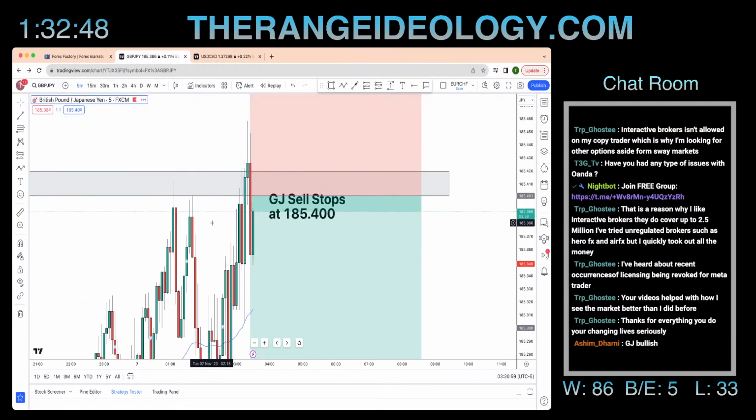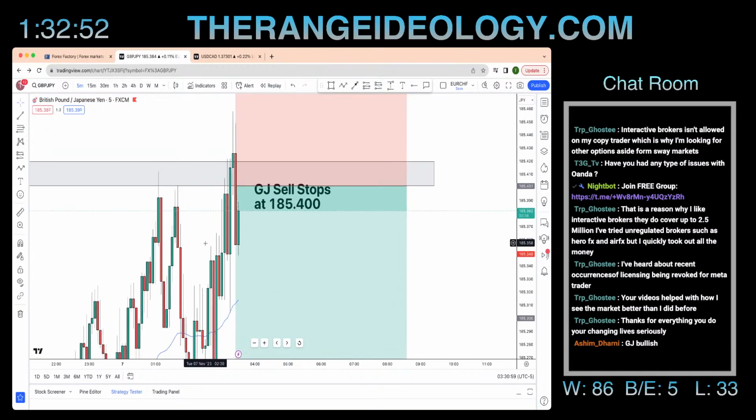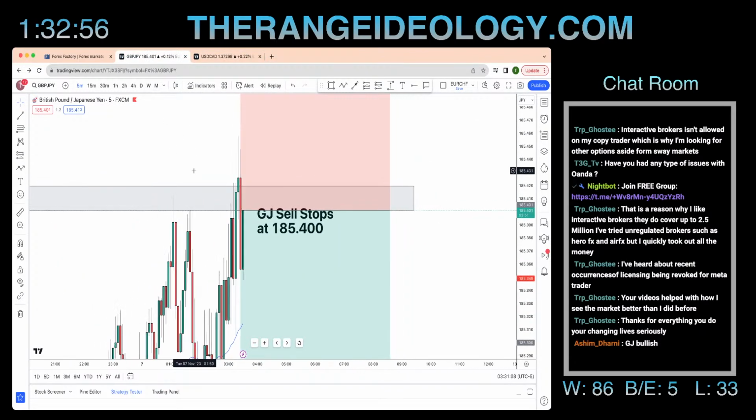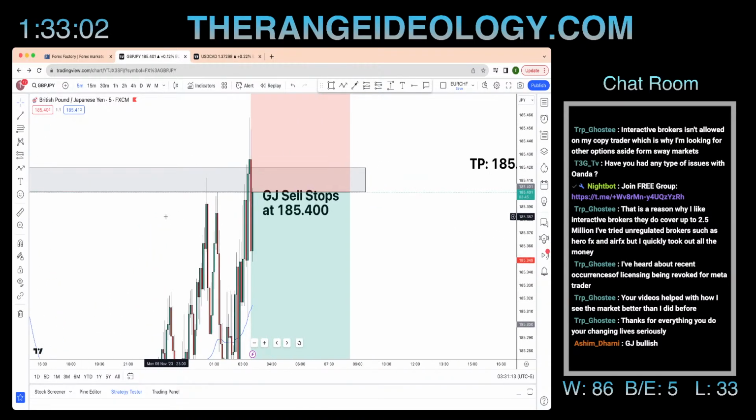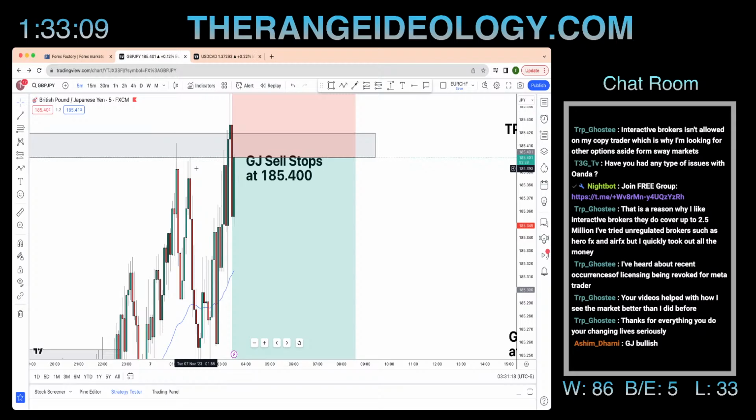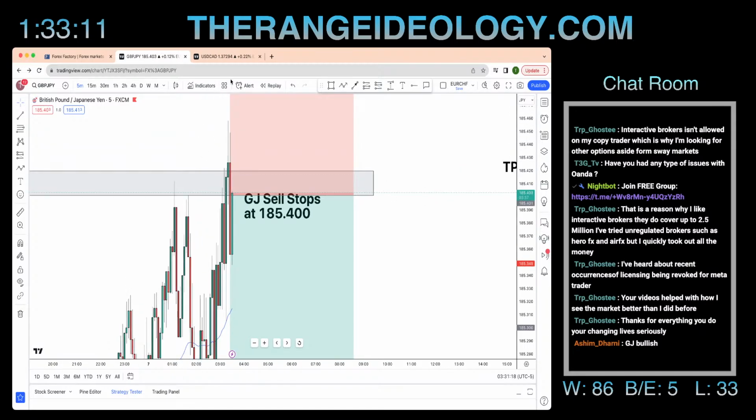It's a fresh new 30-minute candle. So we could see it come all the way back up here, which is going to be unfortunate because it was such a clean push down, but just not enough time before the 30-minute close for it to continue pushing down here. So now we're right at break even for GJ.